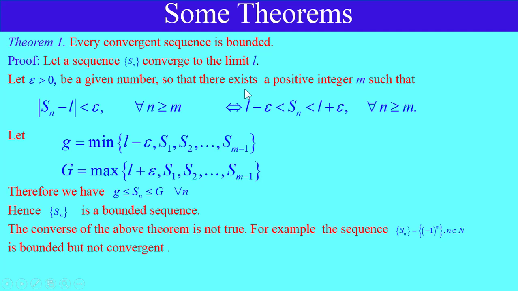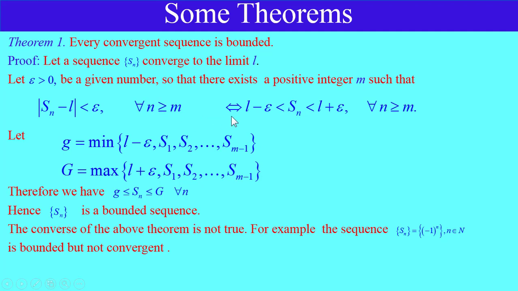So, there exists a positive integer m such that modulus of Sn minus L, or the distance between Sn and L, is less than epsilon for all n greater than or equal to m.